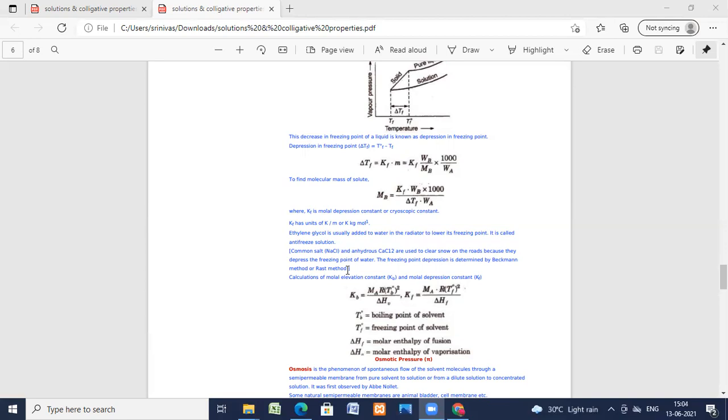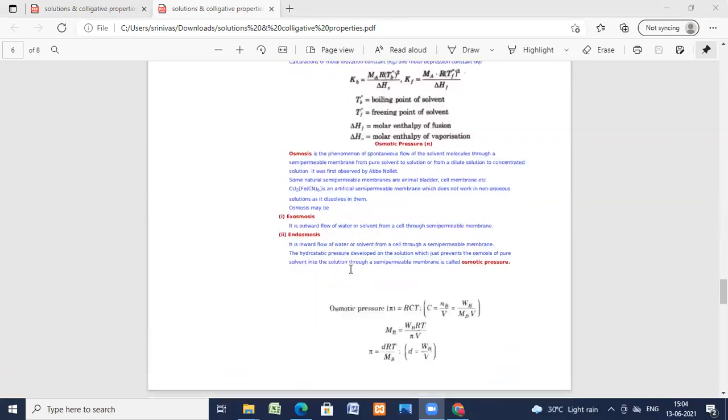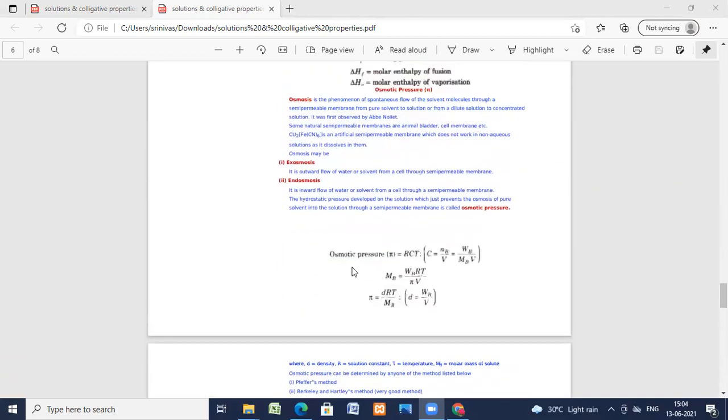Now we'll see the fourth colligative property, osmosis. What is osmosis and osmotic pressure? Osmosis is the phenomenon of spontaneous flow of solvent molecules through a semi-permeable membrane from pure solvent to solution, or from dilute solution to concentrated solution. That is, flow of solvent molecules through a semi-permeable membrane from low concentration to high concentration.